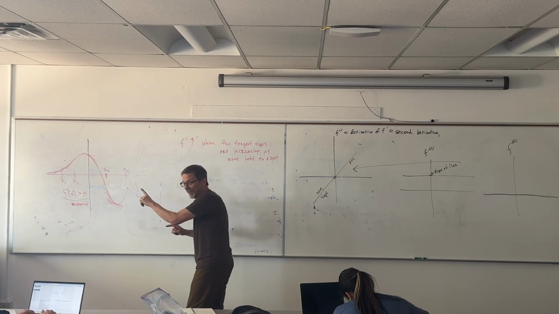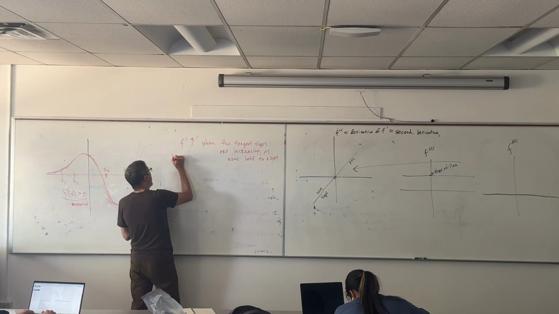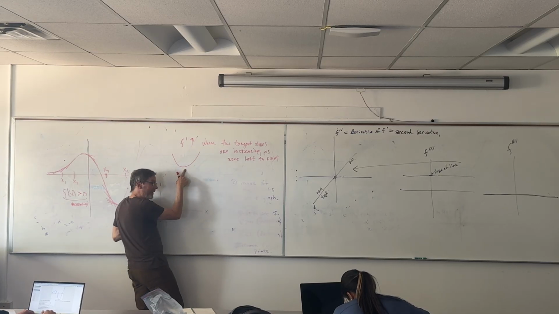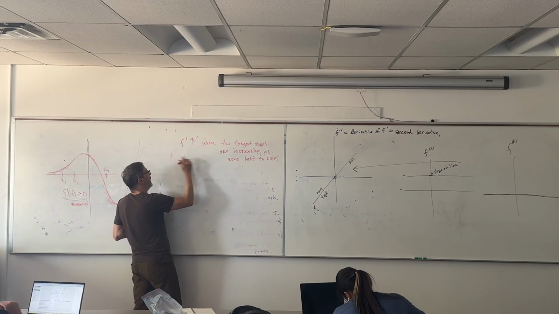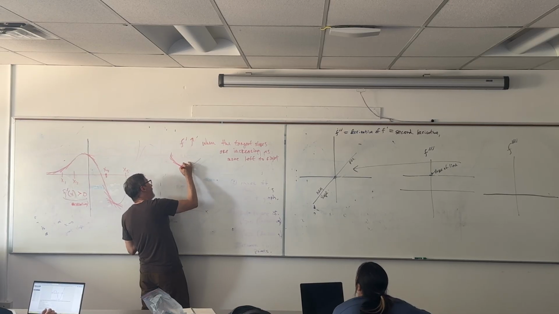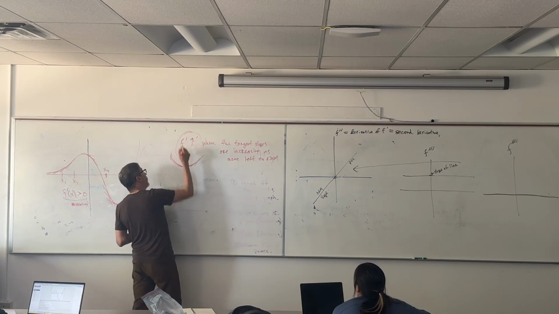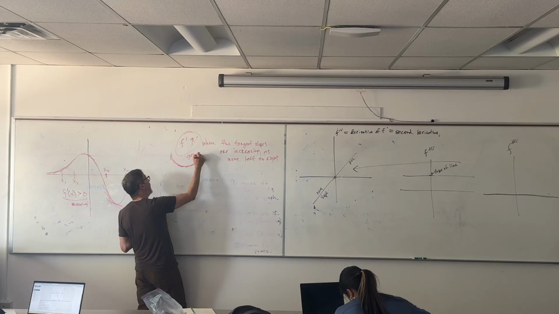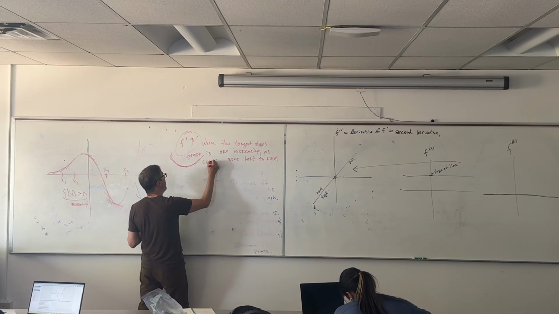Here's a tip. The first derivative is increasing when you are concave up. So check this out. Here I have very negative, less negative, almost zero, positive, more positive. So f prime is increasing when the graph is concave up. It looks like a cup.